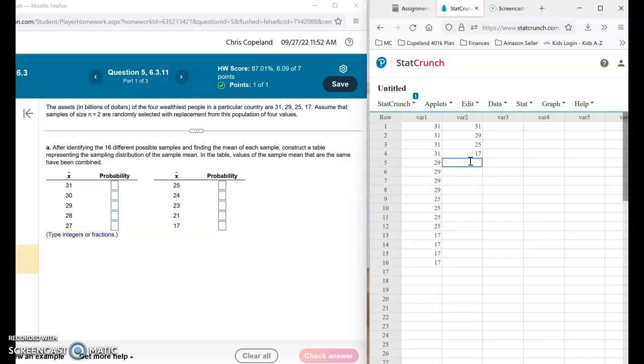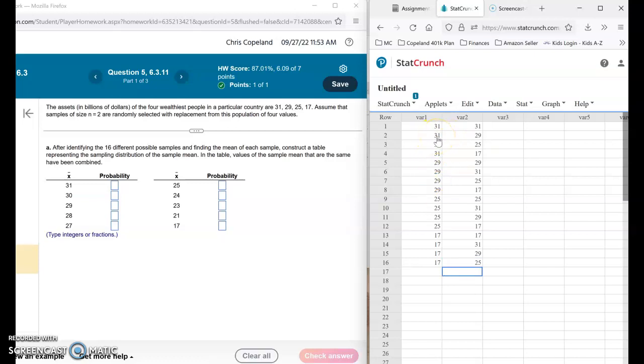So let's do 29, 29; 29, 31; 29, 25; 29, 17; 25, 25; 25, 31; 25, 29; 25, 17; 17, 17; 17, 31; 17, 29; and 17, 25.